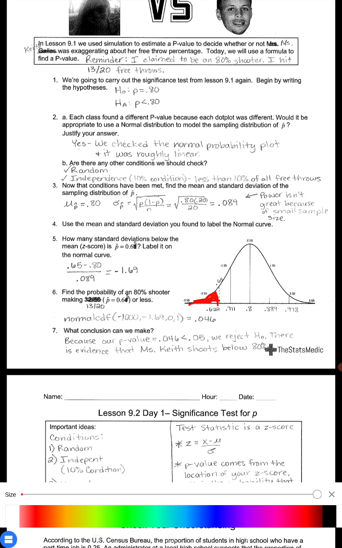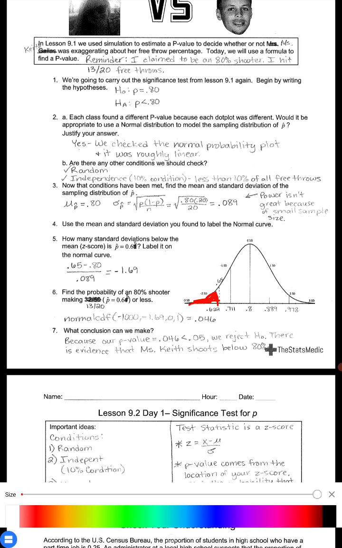So somewhere right in there. And so when I went into normal CDF, I did negative 1,000. So that's just some really big number that represents the fact that this curve never ends. Up to negative 1.69. I said my mean is 0 and my standard deviation is 1 because that's the way that z-scores work. And I get a p-value of 0.046.